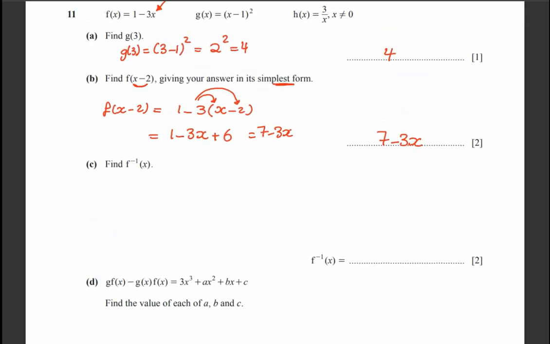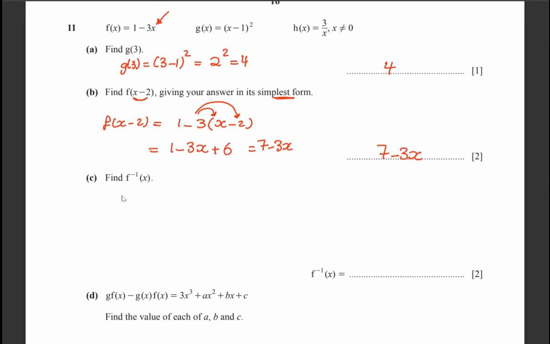Yes. Then find f inverse of x. It's not f power negative 1, it's f inverse x. So first write f of x. This is the first step. Follow the steps with me. 1 minus 3x. Then remove f of x and put instead of it y. So y equals 1 minus 3x. Remove each y and put instead of it x, and remove each x and put instead of it y, meaning convert between them.